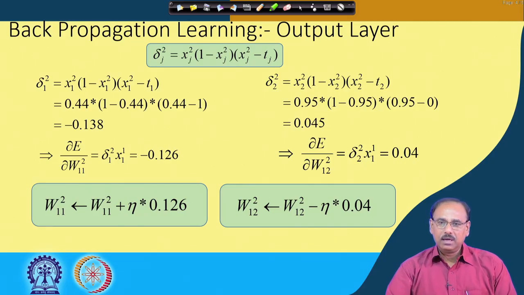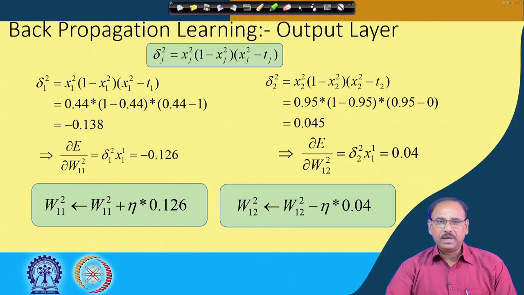So, simply by gradient descent algorithm, the updated W 1 1 2 is nothing but W 1 1 2 minus some eta times del E del W 1 1 2.